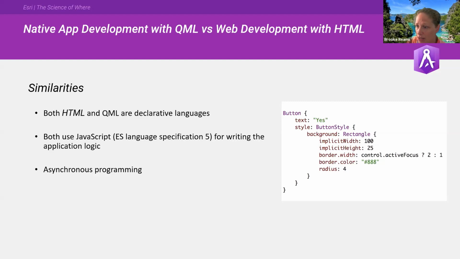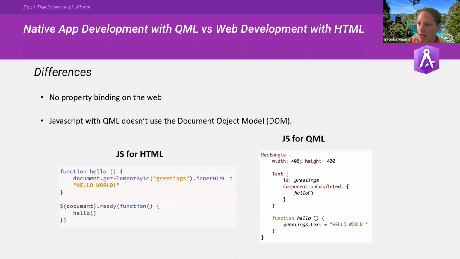Both HTML and QML use JavaScript, the ECMAScript language specification 5, for writing the application logic, and both use asynchronous programming. Now, the differences between native app development with QML and web development with HTML is, first off, there's no property binding on the web.